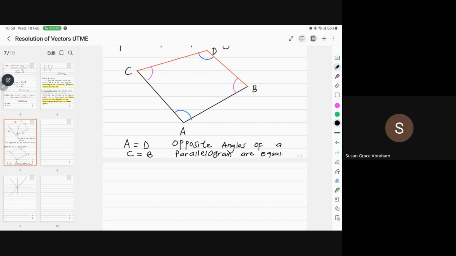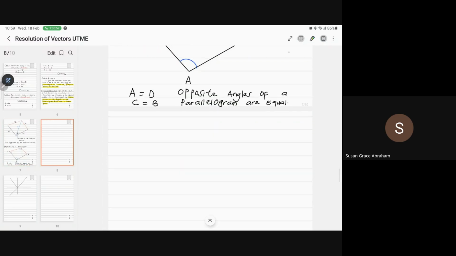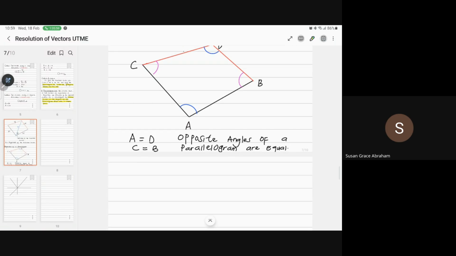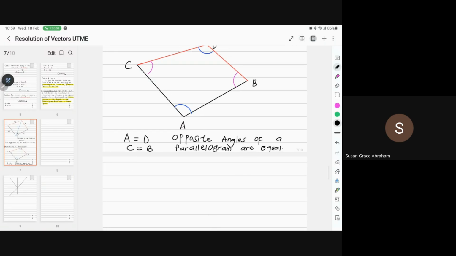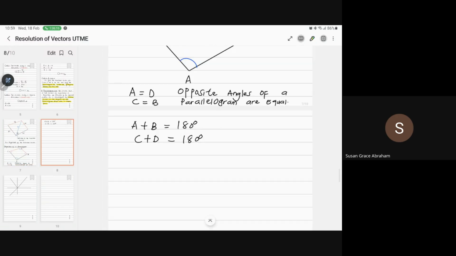Right? So the next one I want to take note of, these things I'm saying now, it will help you. So you have that A plus B is equal to 180 degrees. Now when I start solving, you start asking me questions. I'm giving you the key things that we need to solve questions on it. A plus B is equal to 180 degrees. What does that tell you? That the adjacent angles add up to 180.